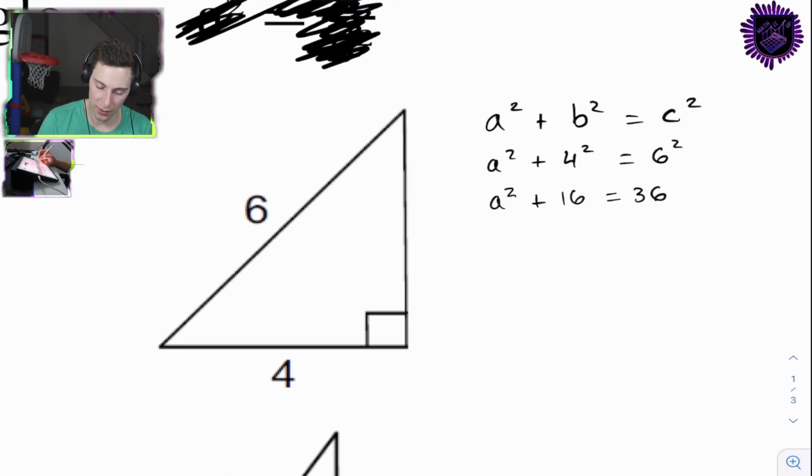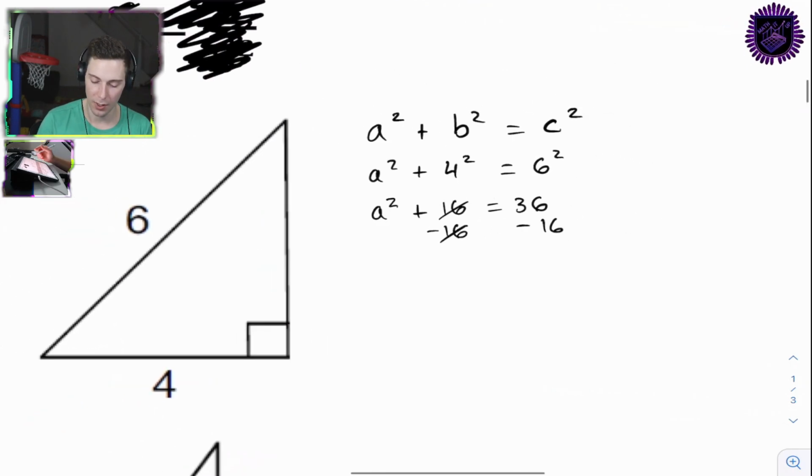Then we go minus 16 from this side, minus 16 from this side. On this side, that cancels out, turns to 0. On the opposite side, it moves down to 20. So a squared is equal to 20.